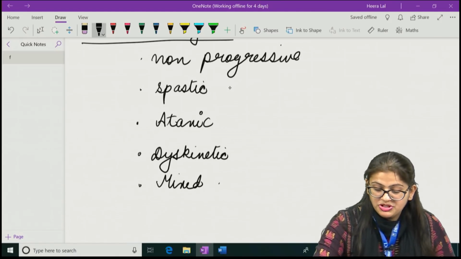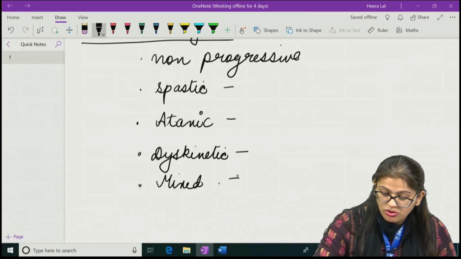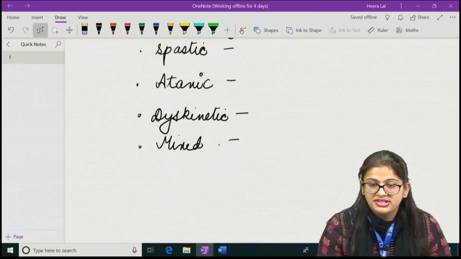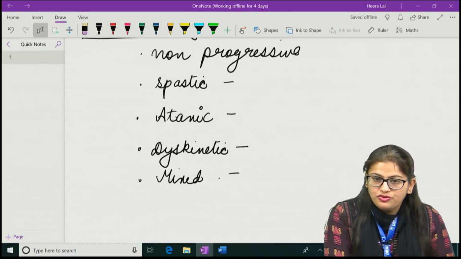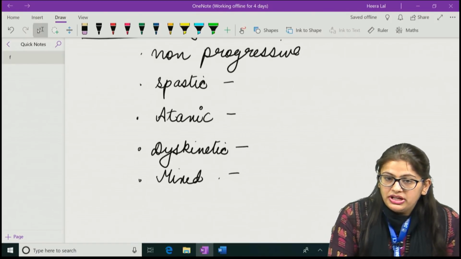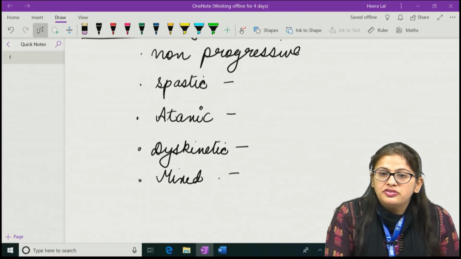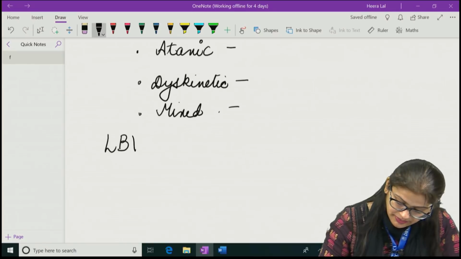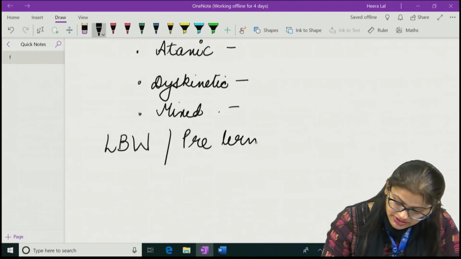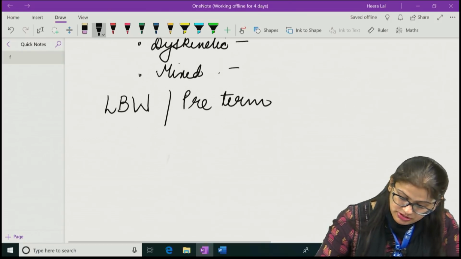So spastic CP is the most common type of cerebral palsy, and there can be multiple risk factors. For example, prematurity and low birth weight are independent risk factors for cerebral palsy.